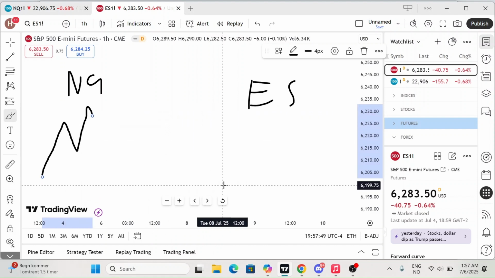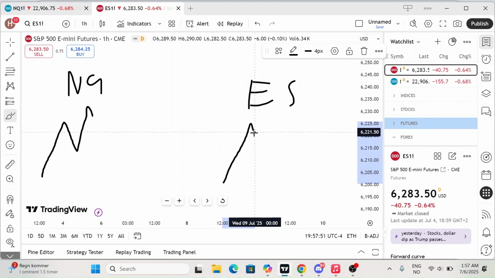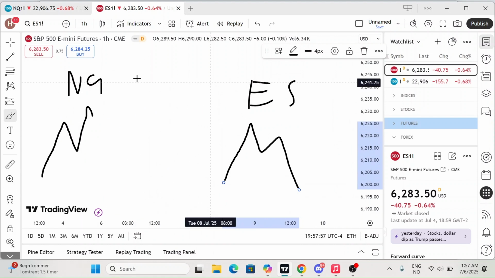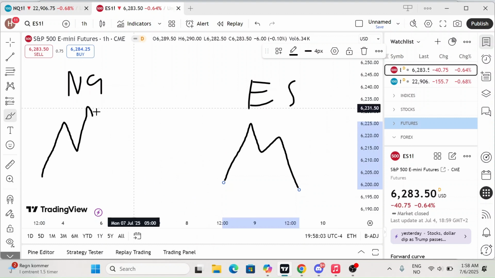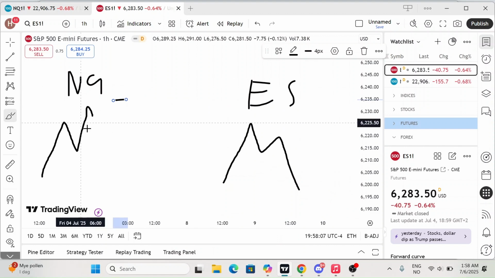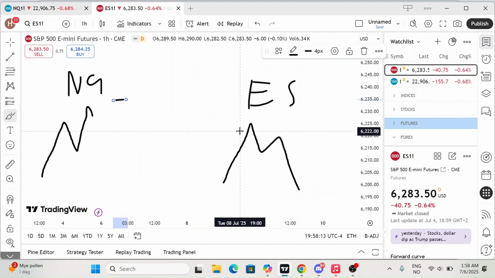While on ES, we make a high, and then we make a lower high on ES, right? These are two correlating indices, right? But this means that NQ is lagging behind and ES is the leading indice. Because on NQ we make a high, and then a higher high, while on ES we're making a high and a lower high.